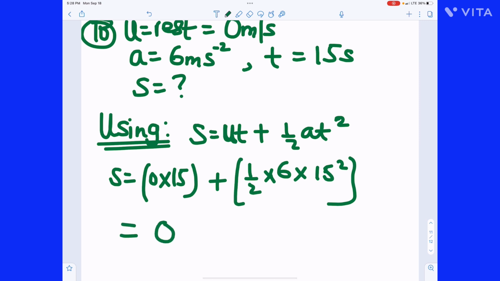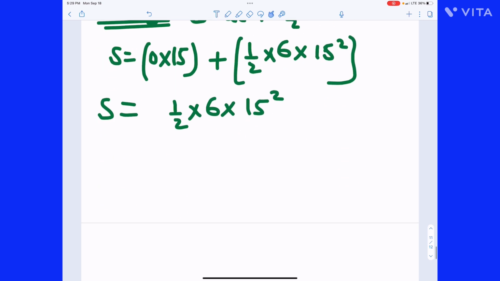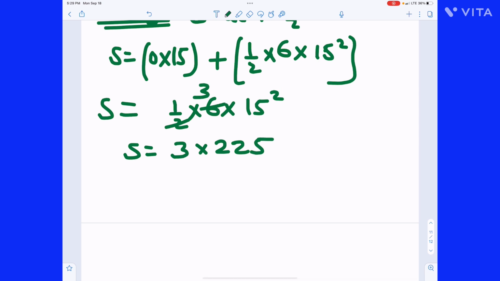So that gives 0. I don't even need to explain that anymore. I'll be left with S is half times 6 times 15 squared. Half times 6 is 3. So the distance traveled is 3 times 225. 15 squared is 225.